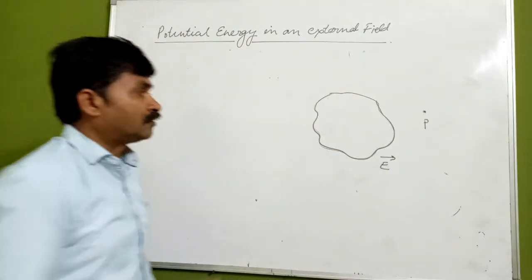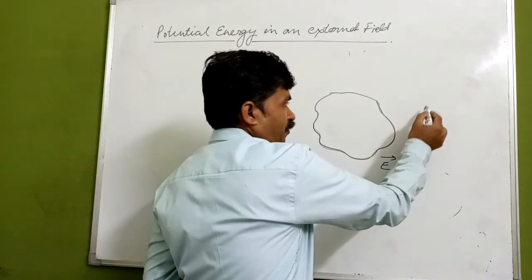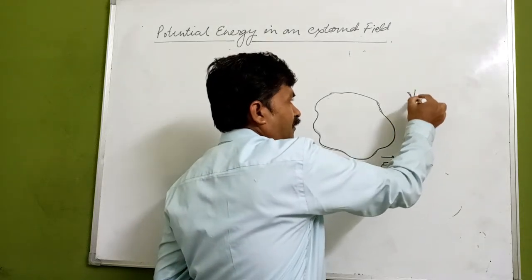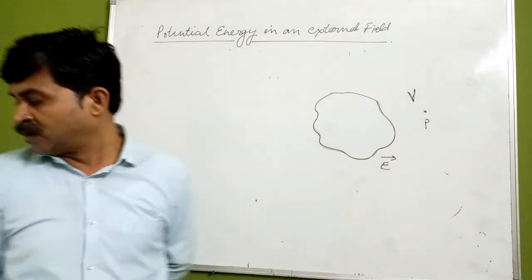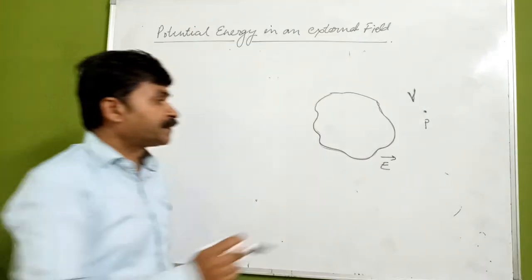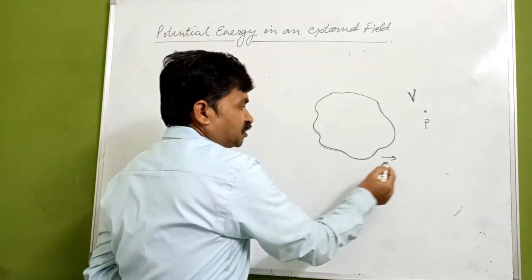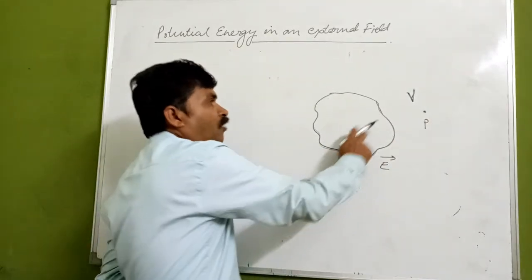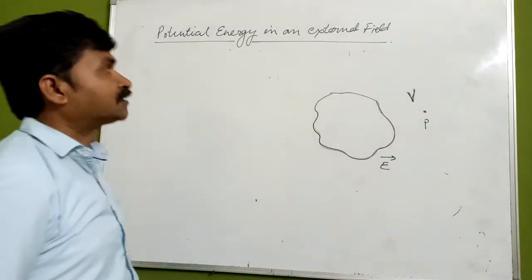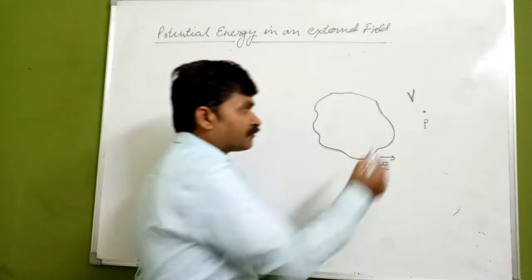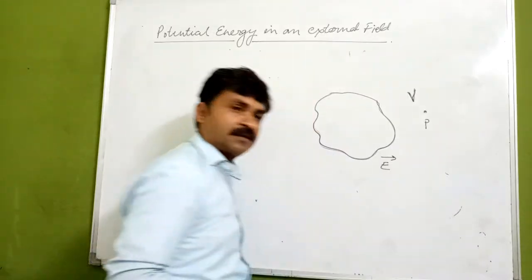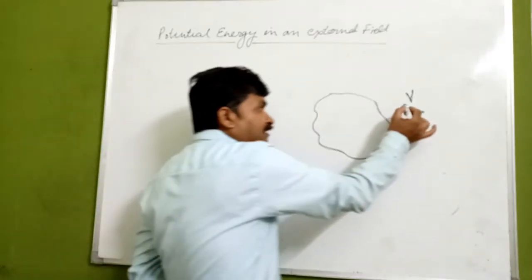Corresponding to this point there will be some electric potential V, which we have assumed. This is the source which is giving us the electric field, and outside this we are going to determine the potential energy.